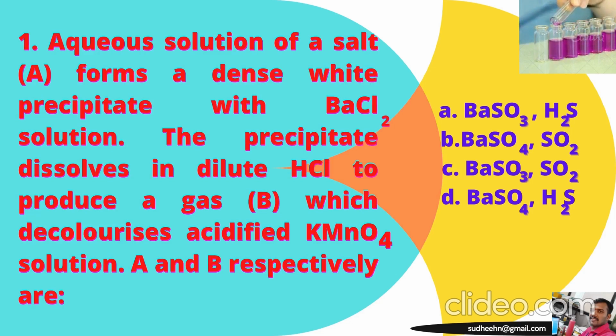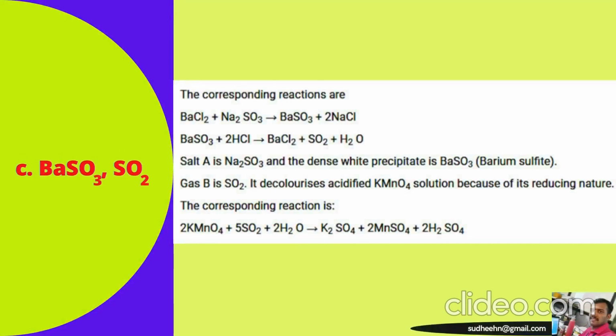Barium sulfate and hydrogen sulfide, barium sulfate and sulfur dioxide, barium sulfite and sulfur dioxide, and barium sulfate and hydrogen sulfide. And the right answer for this particular question is option number C, that is barium sulfide and sulfur dioxide, because in the reaction when barium chloride is made to react with sodium sulfate, it gives barium sulfide and sodium chloride, two molecules of sodium chloride.